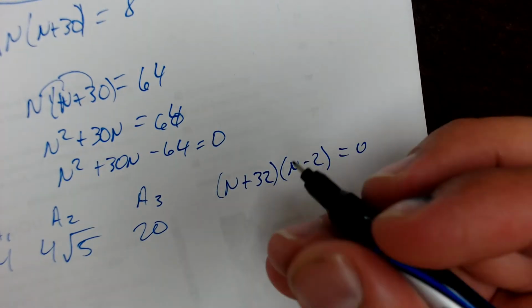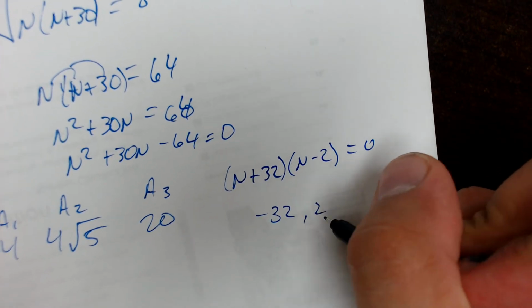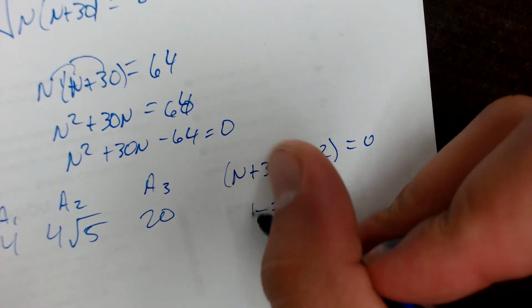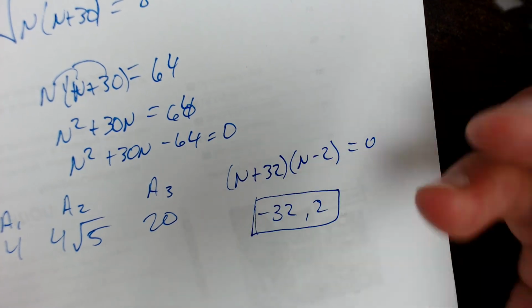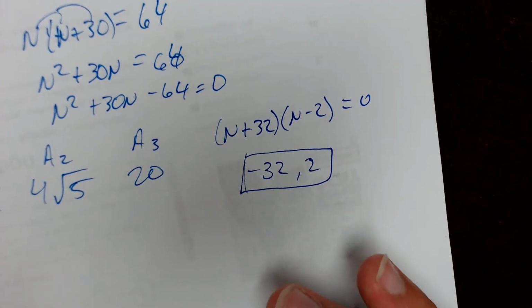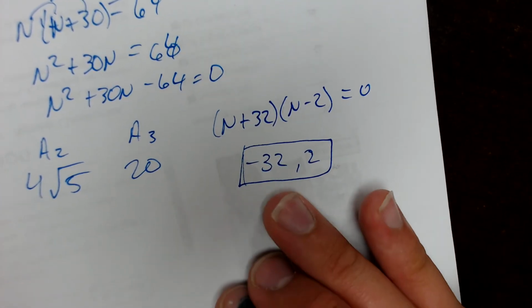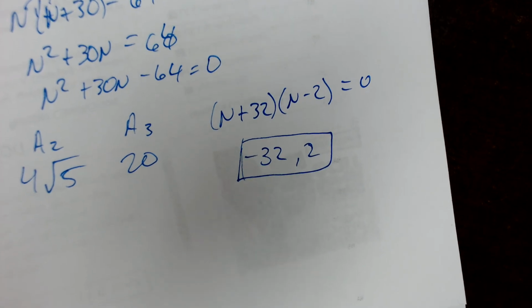So then using zero factor theorem, n is either negative 32 or 2. And these are my possibilities. These are my two numbers that are 30 units apart that have a geometric mean of 8.